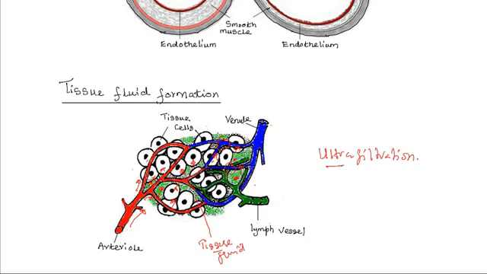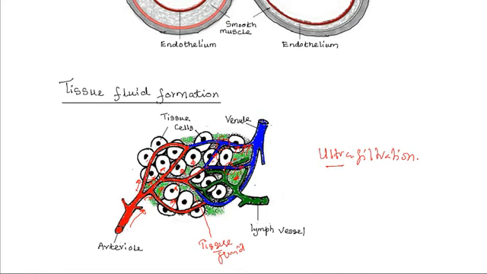Water will also move back into the blood circulatory system by osmosis, because the filtering out of solutes such as glucose and amino acids raises osmotic pressure of the remaining blood. So even water will move by osmosis back at the venule end.